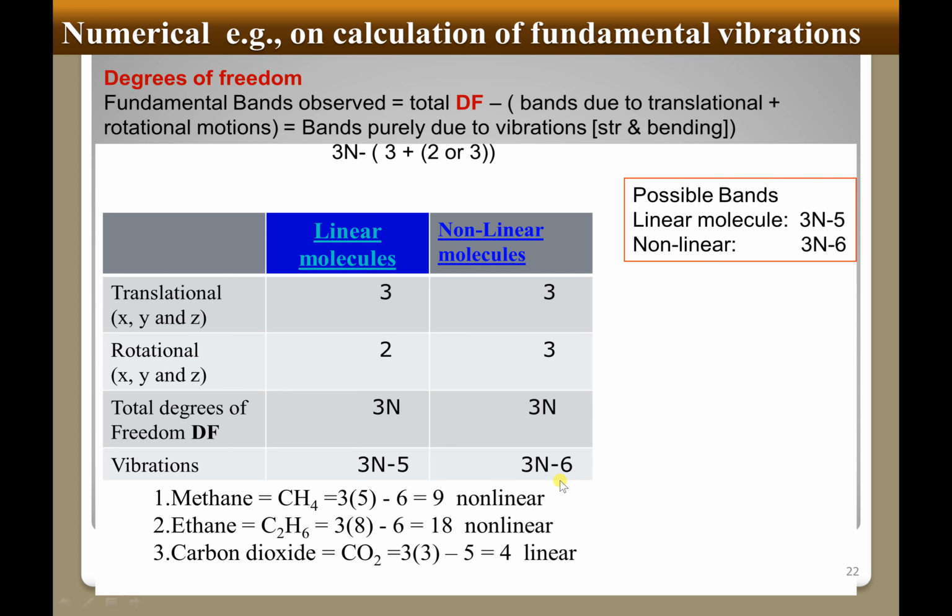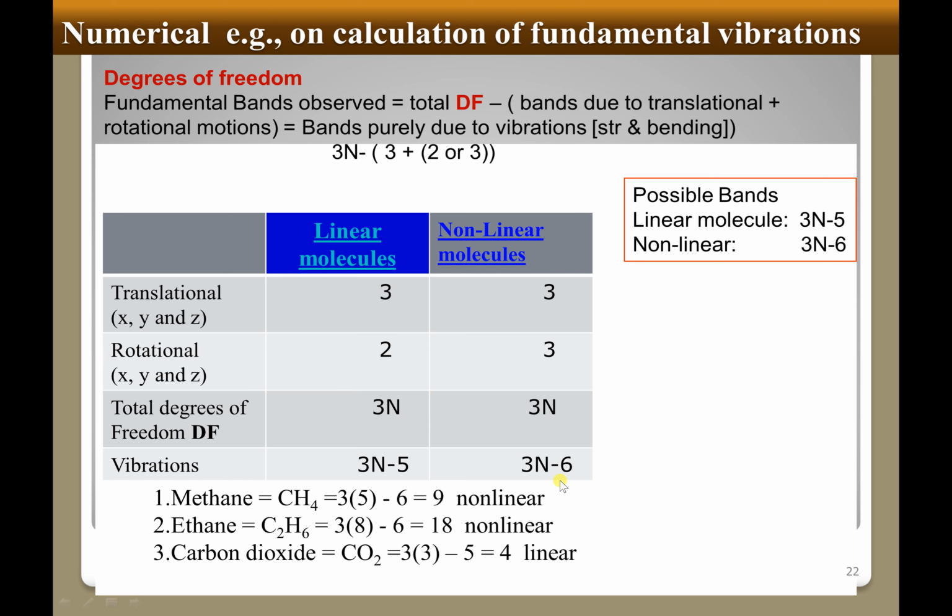Methane is a non-linear molecule, ethane is a non-linear molecule, carbon dioxide is a linear molecule. So for methane and ethane you will use the formula 3n minus 6. In methane, CH4, you have 5 atoms, so n is 5. 15 minus 6 is 9.